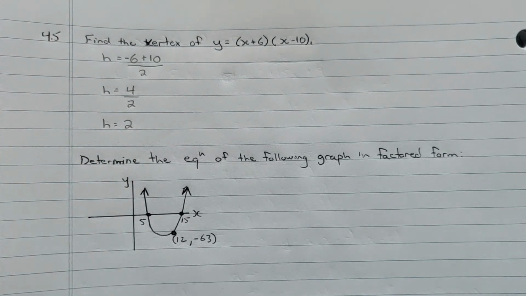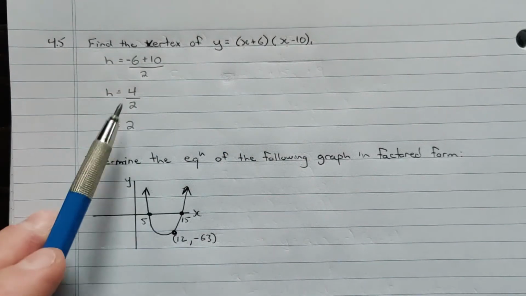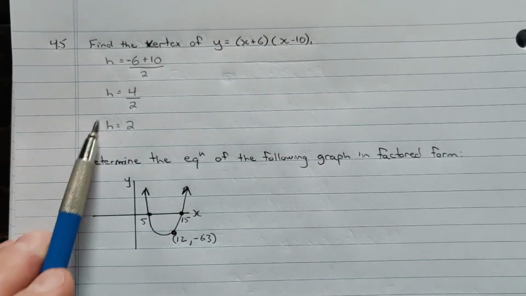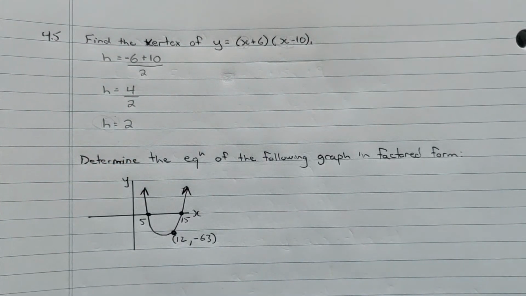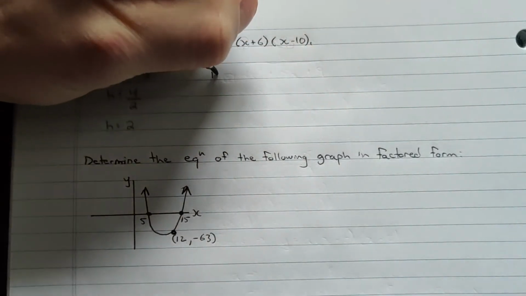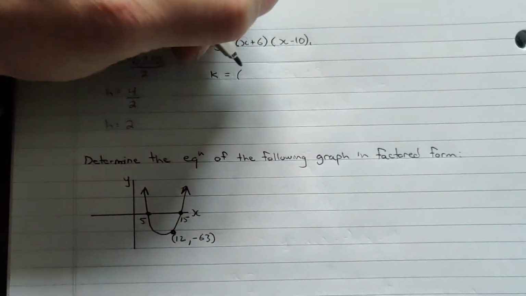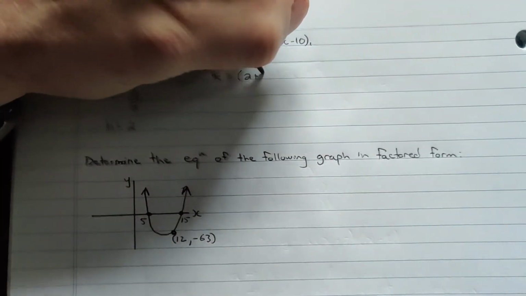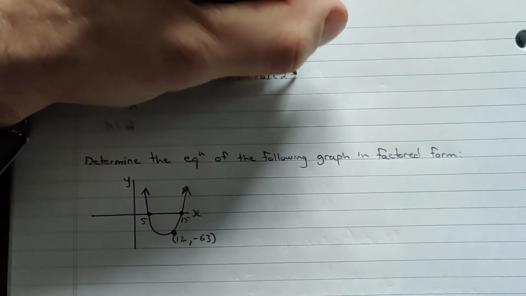Now if we want to find the y value, well, this is our x value here. I know we use the letter h because we're working with the vertex, but if we put the 2 in for x, that will let us find the y value of the vertex, or the k. So our k value of the vertex equals 2 plus 6 times 2 minus 10.